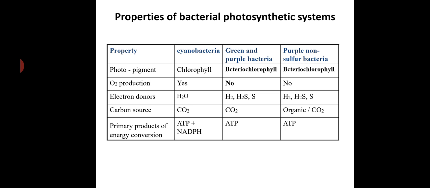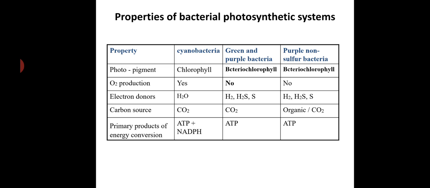The third property is electron donors. In cyanobacteria, the source of electron donors is water. In green and purple bacteria, it is hydrogen, hydrogen sulfide and sulfur. Even in purple non-sulfur bacteria, hydrogen, hydrogen sulfide, and sulfur. The property of carbon source is carbon dioxide for cyanobacteria.